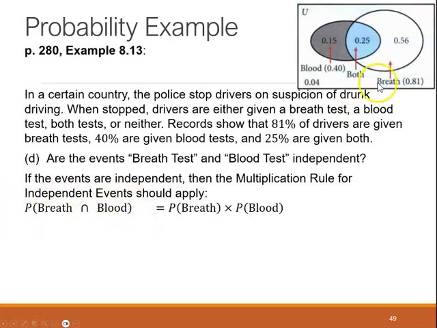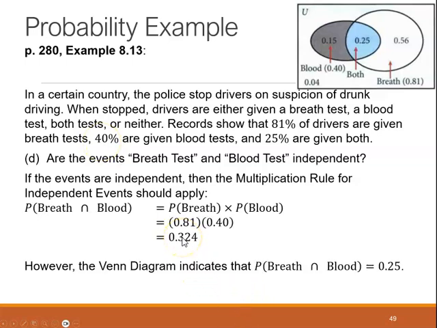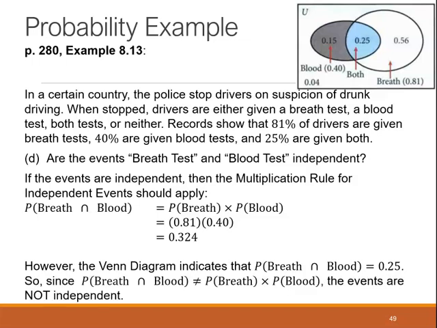Breath and blood should be 0.25. The probability of breath is 0.81. The probability of blood is 0.4. I get that, but that's not this one. So what is that telling you? They're not independent, right? AKA dependent.